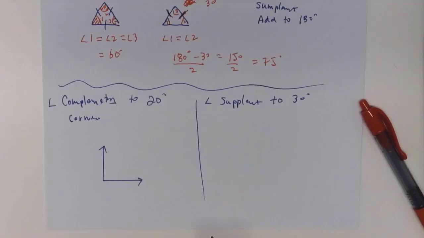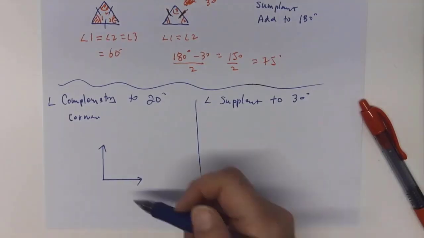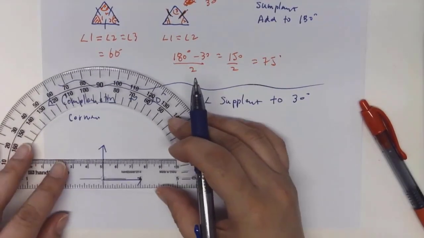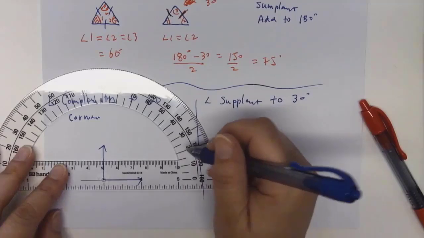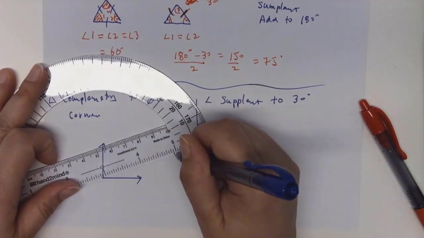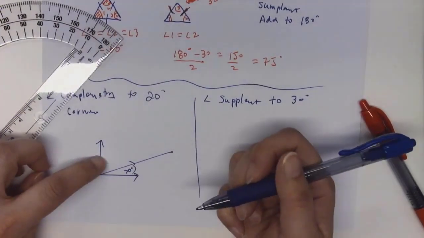And then what? I need a complementary. 90 degrees, and what do I draw here? Yeah, I already have it. And then what do I put in here? 20 degrees. So go ahead and measure a 20 degree angle. A 20 degree angle should be pretty small. You should label that this is my 20 degree angle. So the other one would be what?